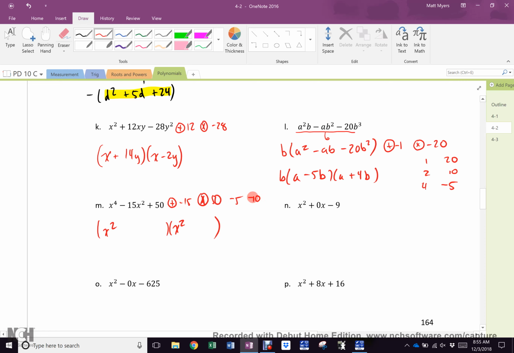They're both negative. And then I just check. X squared, negative 10x, negative 5x, negative 15x squared, negative 5 times negative 10, positive 50. Everybody good?